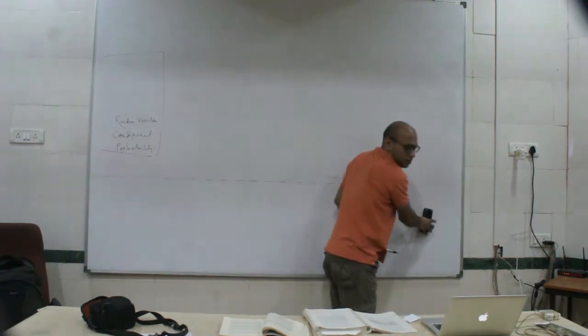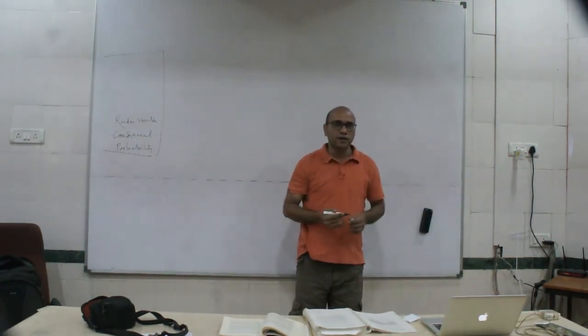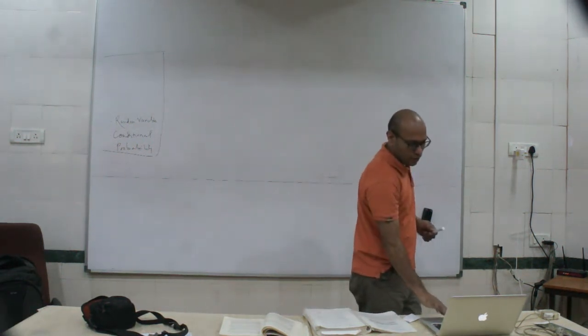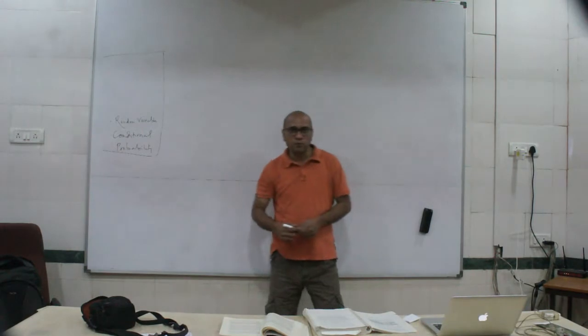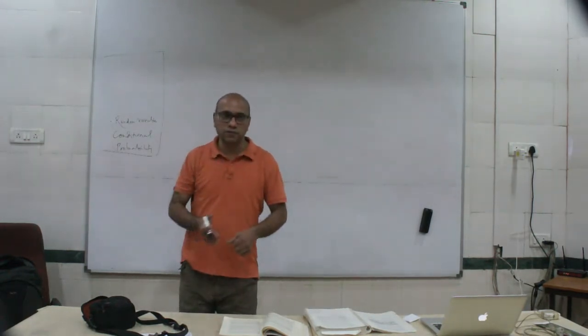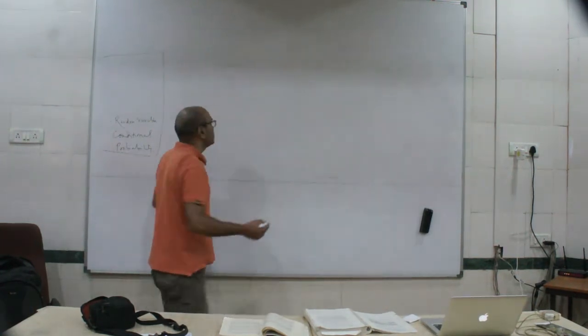Now, for example, if I'm rolling 2 dice, this is the example that we've discussed earlier, so I'll review with that example. If I'm rolling 2 dice, then there are a total of 36 outcomes, 6 into 6. Now let's look at the sample space.